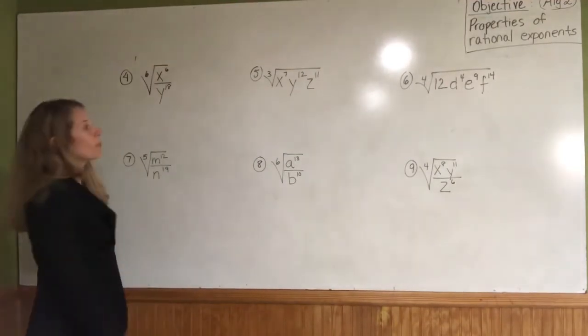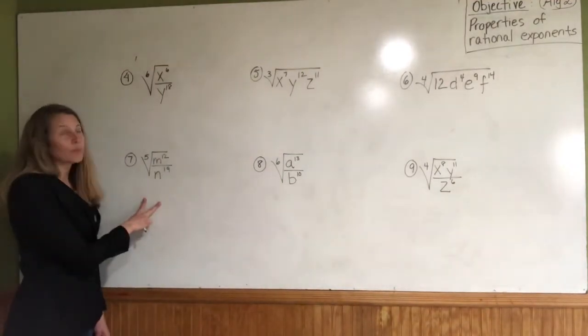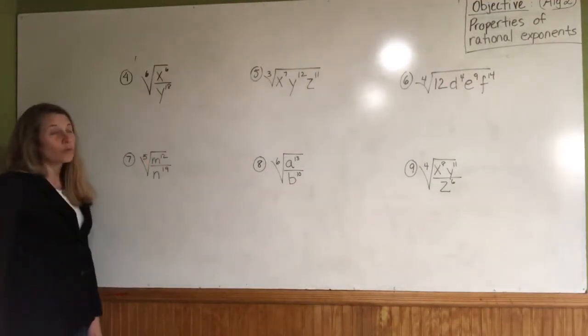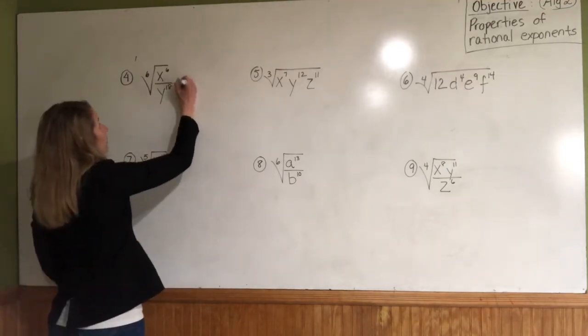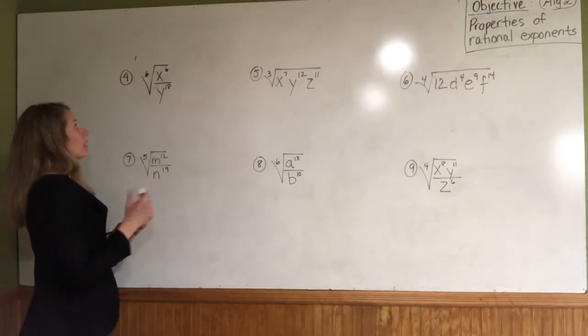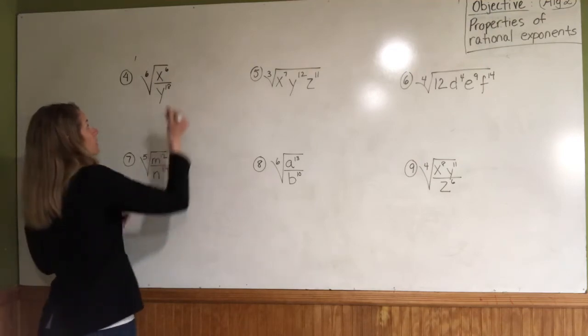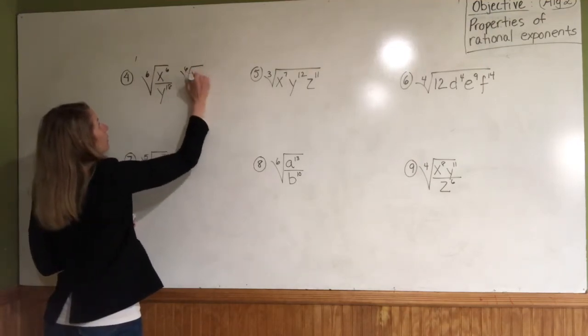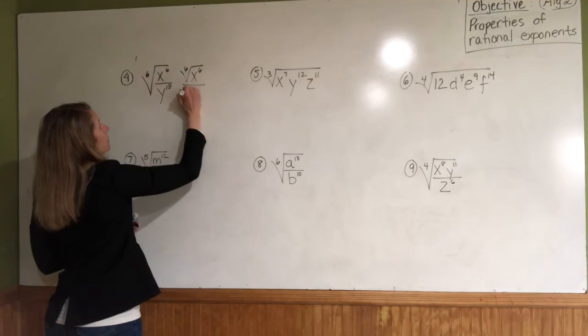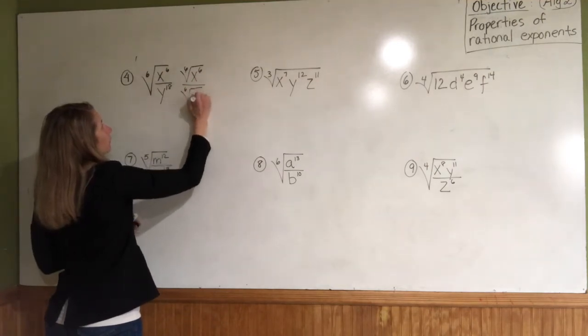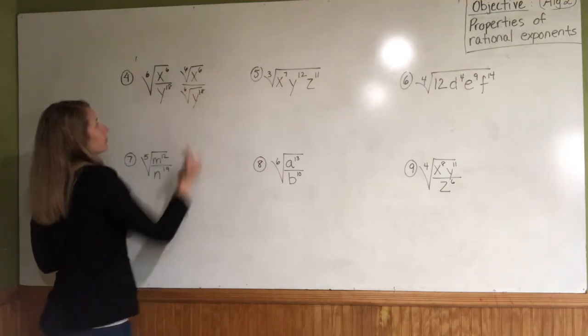Okay, so we have a couple more radical problems to simplify. This first one is a quotient inside the radical. So I'm going to start out by breaking it up into that separate numerator and denominator, both of course being 6th roots.